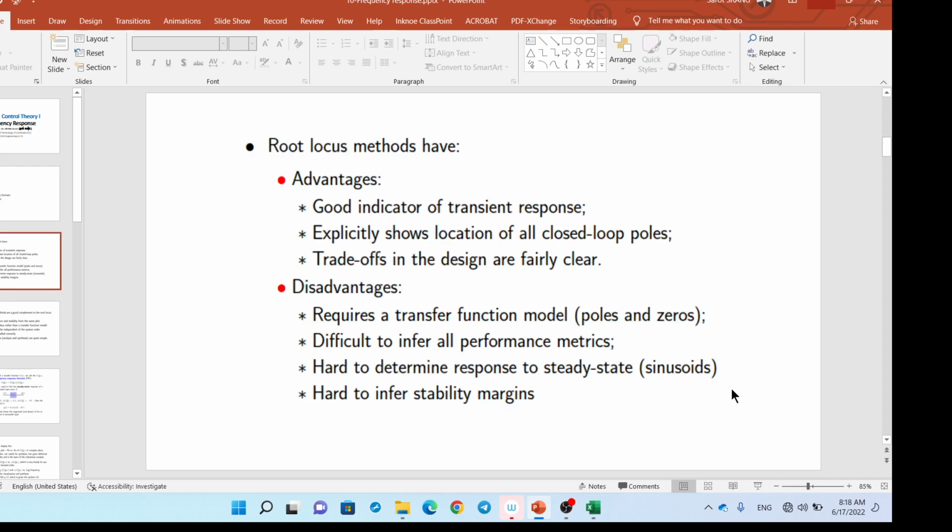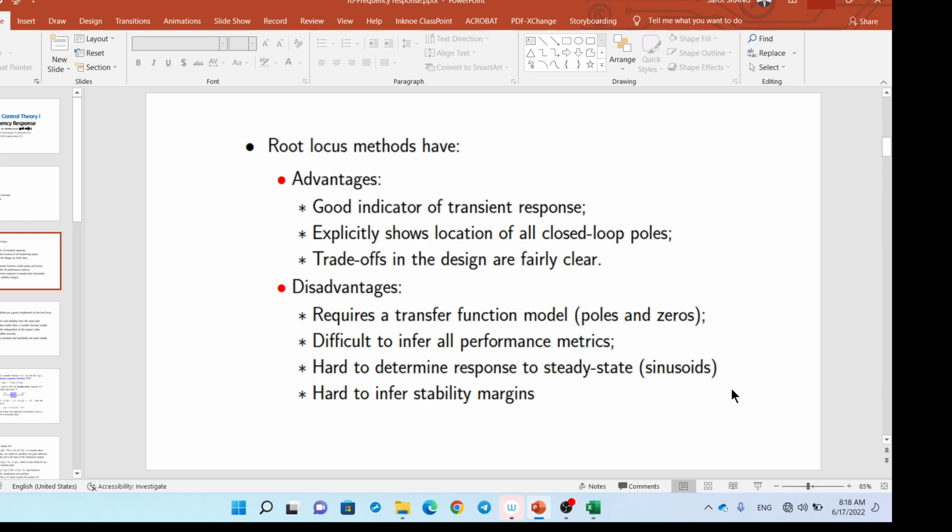Okay, so far you have learned the root locus method to design a controller, specifically to find the optimal gain k based on the evolution of poles of the closed loop system. Root locus has advantages and disadvantages.